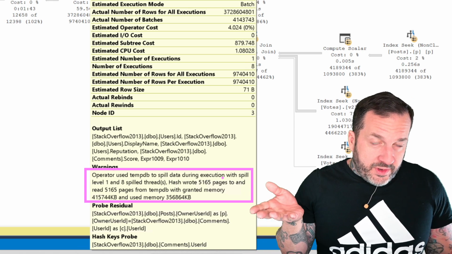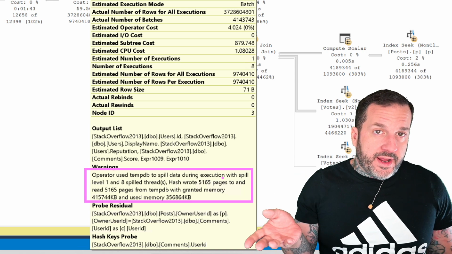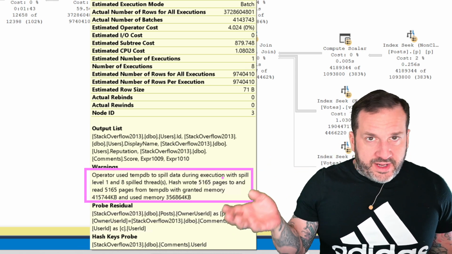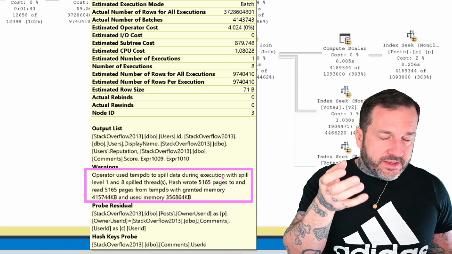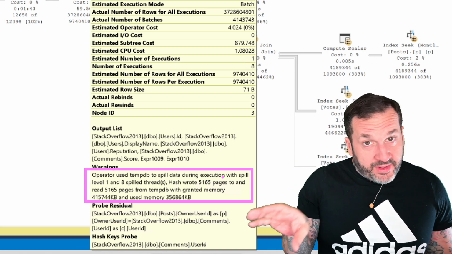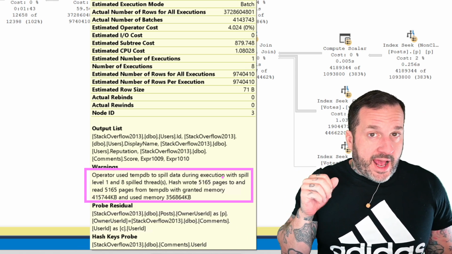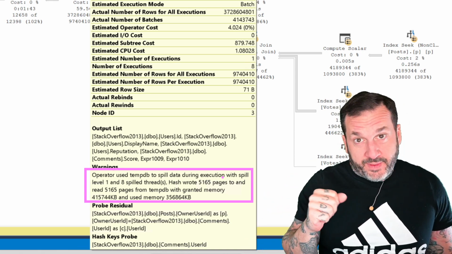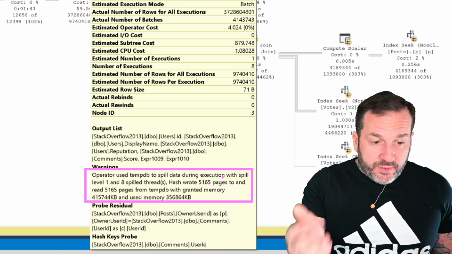So what you have is a bunch of parallel threads that need to do some stuff in memory, spill to disk, read back from disk, then go and process stuff. So you can see parallelism waits get really weird in any plan that spills, because you might have one thread that spills, you might have 4 threads that spill, depending on what your DOP is, you might have 8 threads that spill, which is the case here.